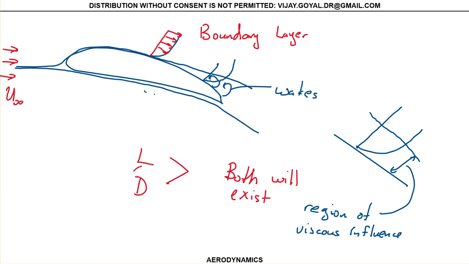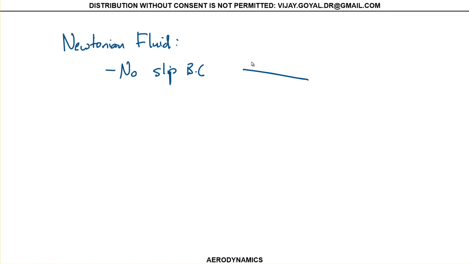So typically the way we are working is we like to work with a Newtonian fluid. And by Newtonian fluid, we mean there is a no slip boundary condition. So what we are saying is you've got the surface.